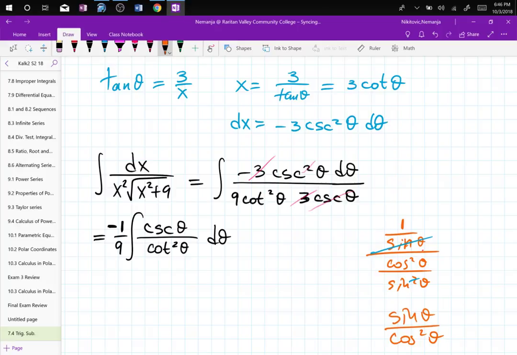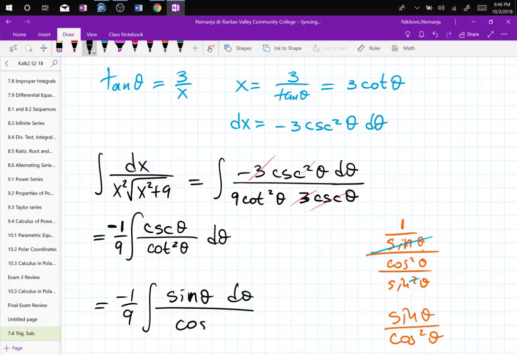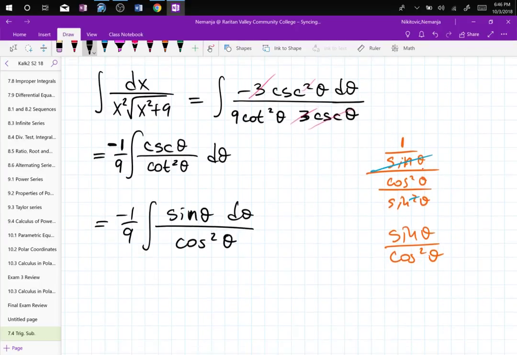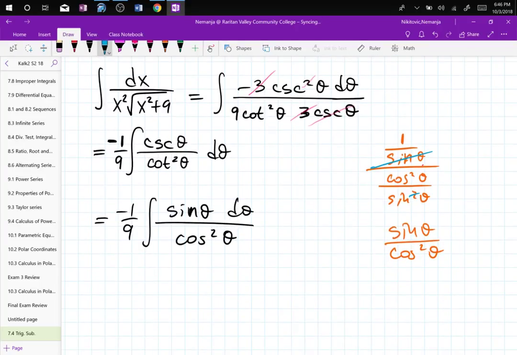As long as you have the exponents of sines and cosines in the denominator and a single one on top, you can use u-sub. So the entire problem becomes negative 1 over 9 integral of sine theta d theta over cosine squared theta, and now we unleash u-sub.